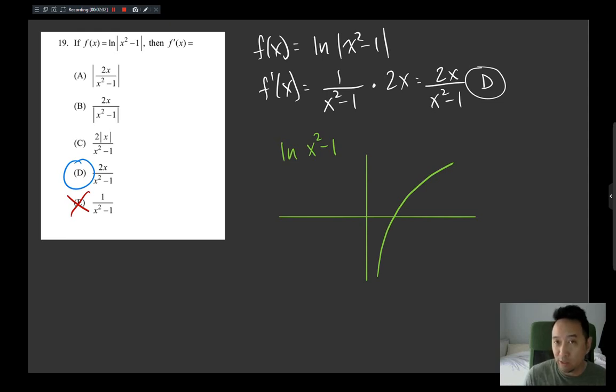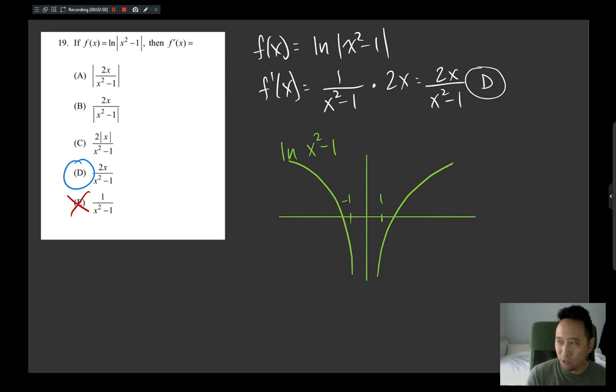Which means, and you can do a table and figure this out, natural log of x squared minus 1 does include this part on the left now. I am going to stop this here from -1 to 1 because we haven't examined what happens between -1 and 1, since I will get negative values of input there.